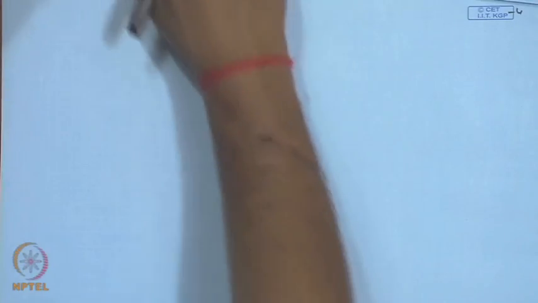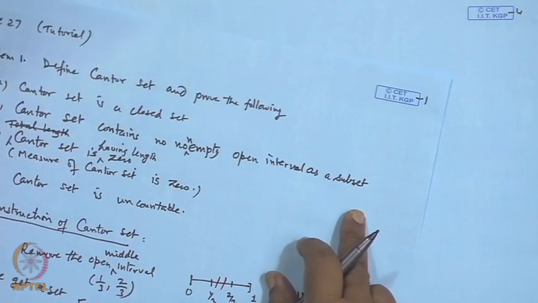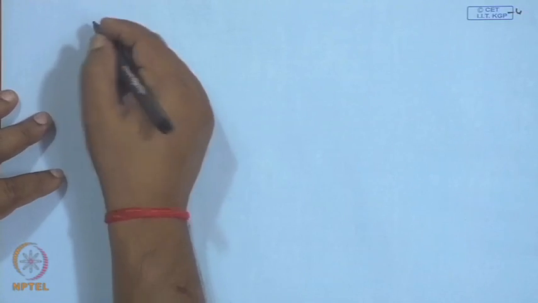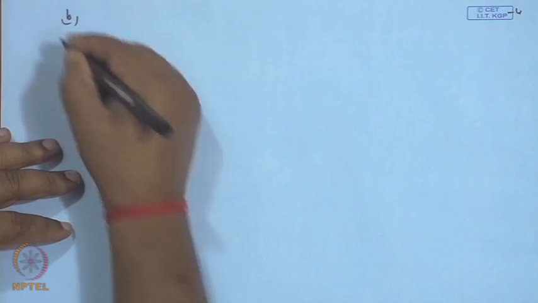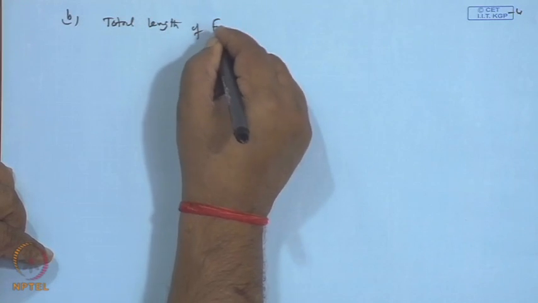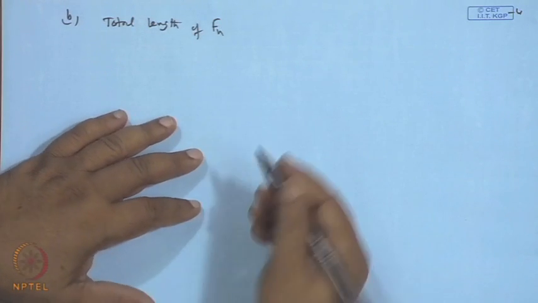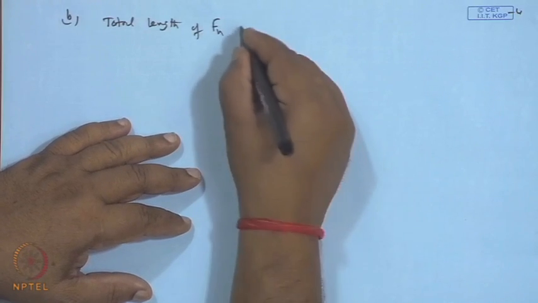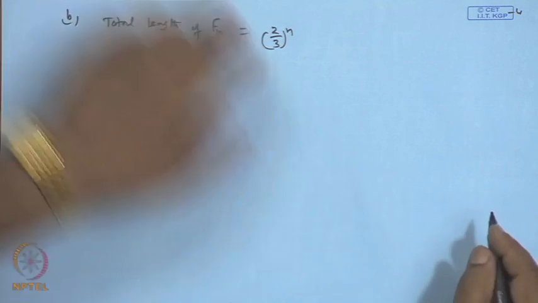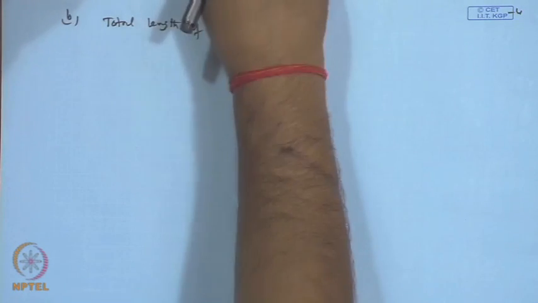Second, we wanted to show that the Cantor set contains no non-empty intervals as a subset, and that the length or measure of the set is 0. Okay. So, what is our part B? The total length of F n is nothing but 2 by 3 to the power n.